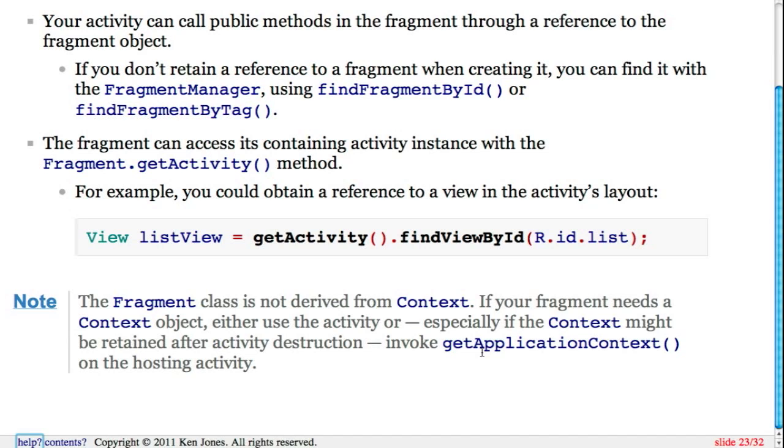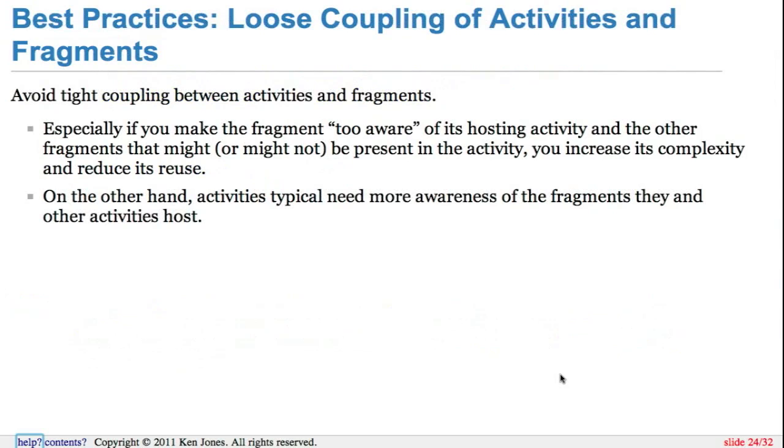Particularly for anything that's going to hold on to a reference to a context for a long period of time, you're probably going to want to use getApplicationContext. You don't want to hold a reference to an activity that the system is trying to destroy. So don't hold a context longer than you need it.